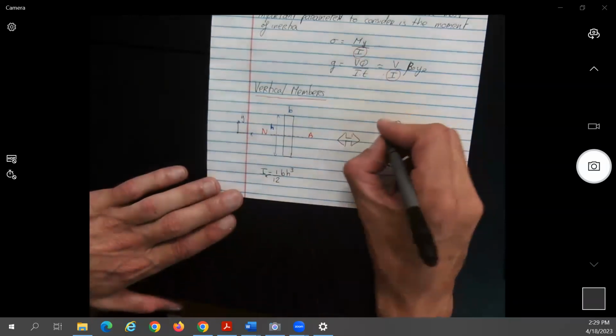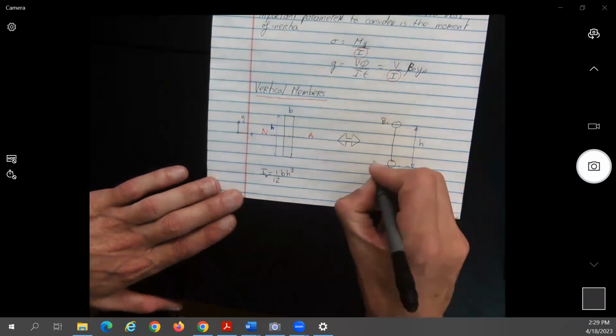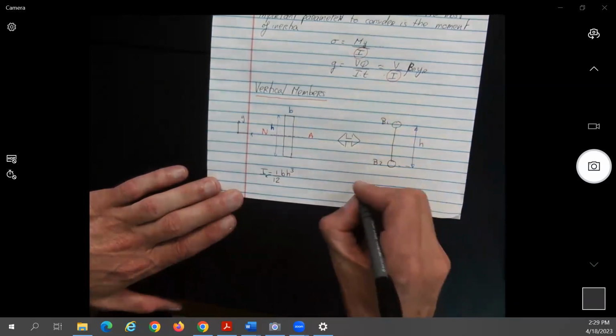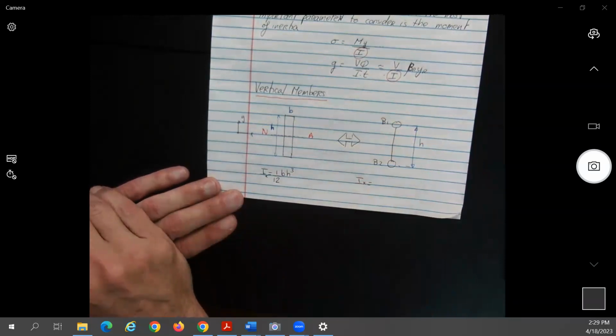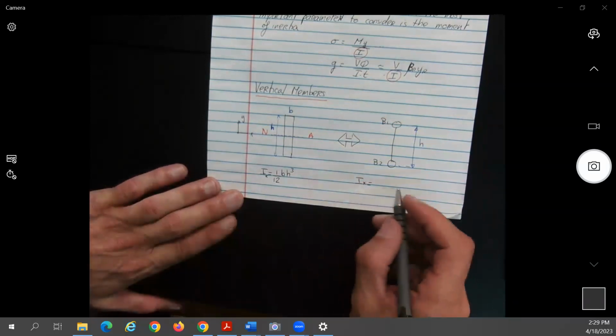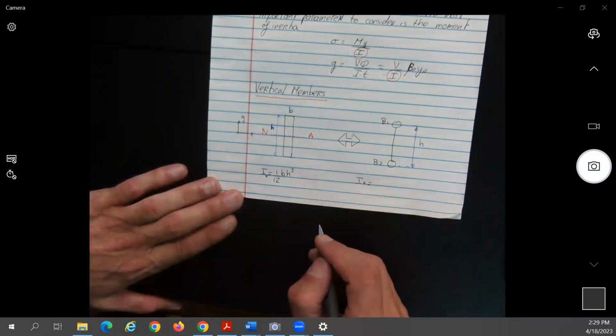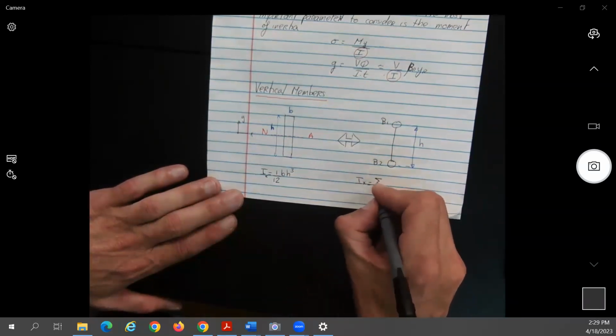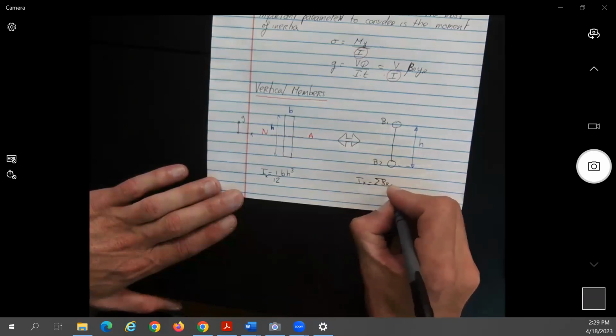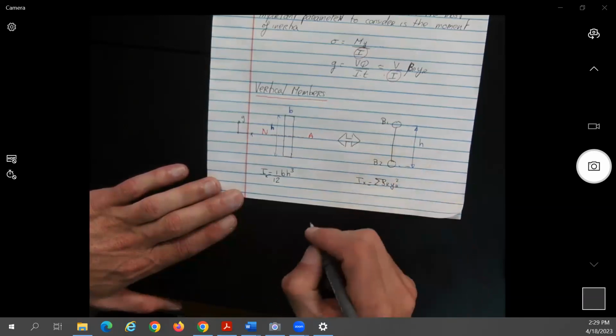So now what do we want? We want this to be the same. So what will be the moment of inertia of this one? What is the equation we have been using? The B sub r, y sub r squared, no?